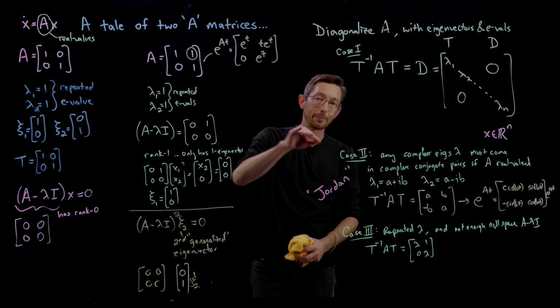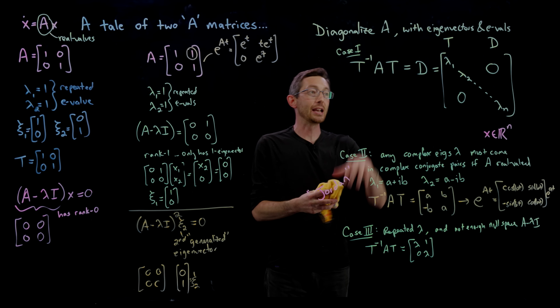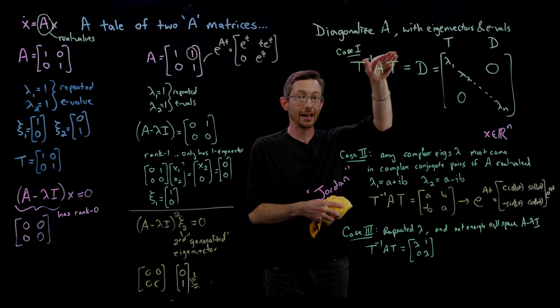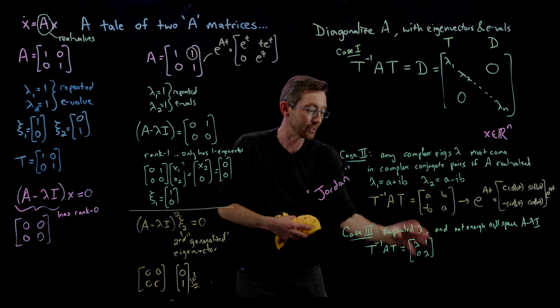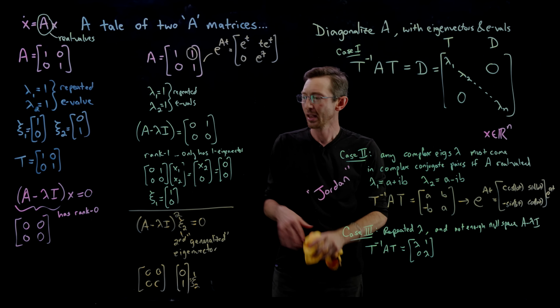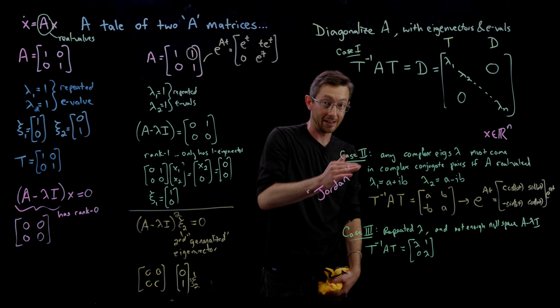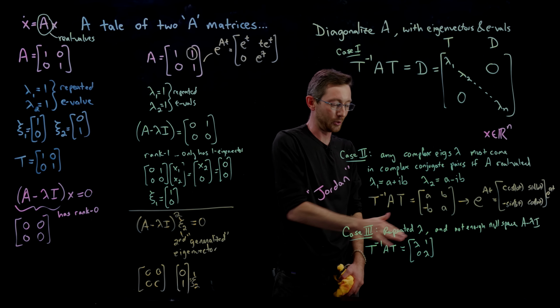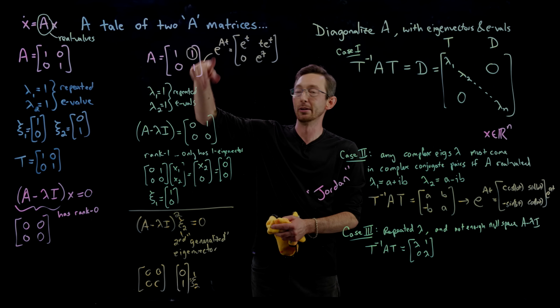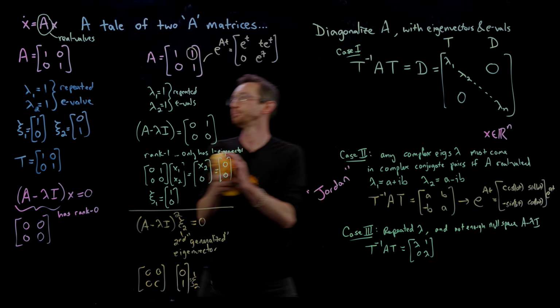And so you can build up this kind of block diagonal matrix for T inverse AT in general out of these Jordan block pieces. I'm going to erase this, and I'm going to give you a last example of this, but for a 3 by 3 system, and then I'll be done.